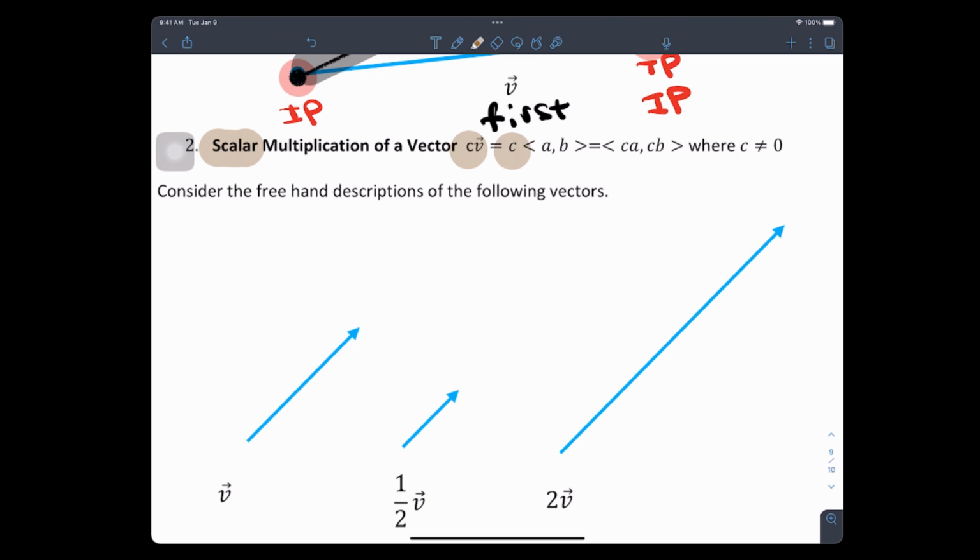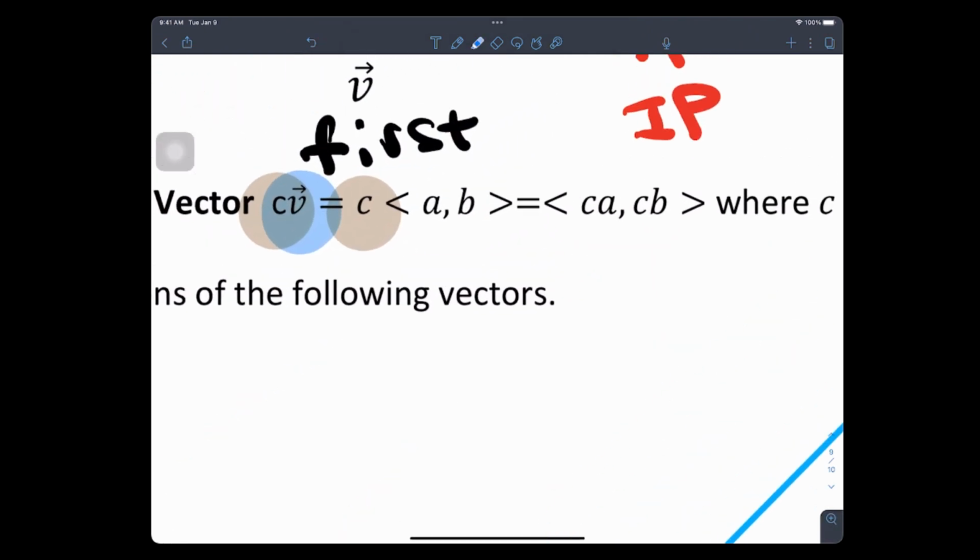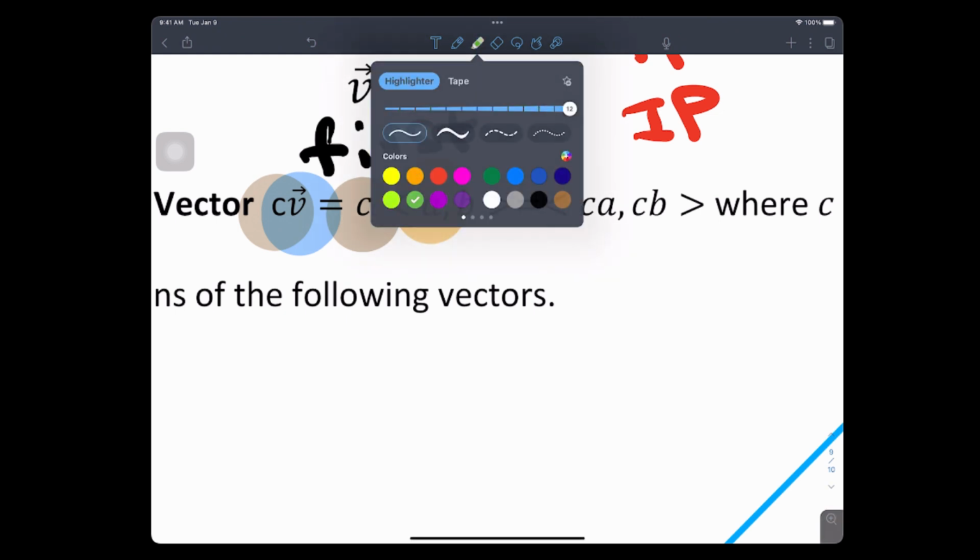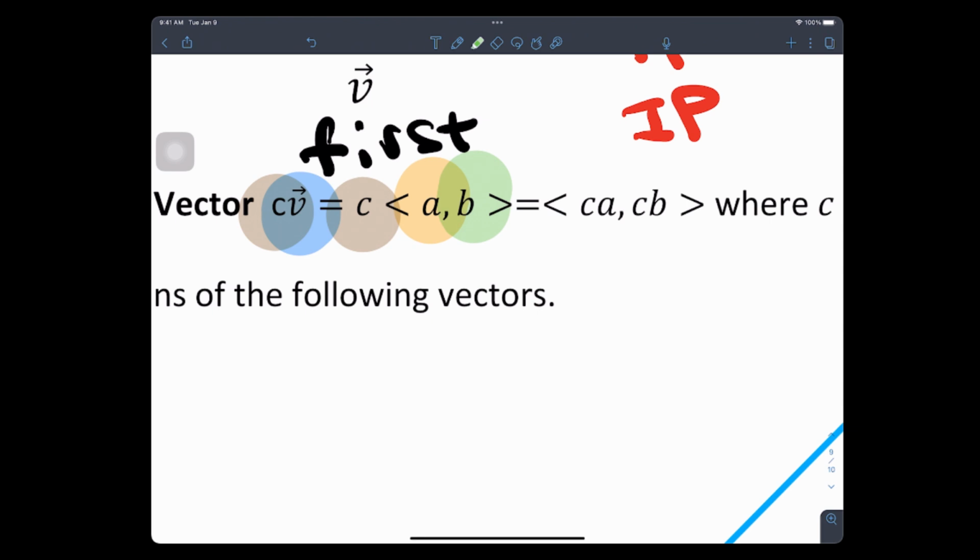Well, if I take C times some vector V here, right? A scalar multiplied to a vector. All you do is you distribute, ladies and gentlemen, that number C to both components. So you have the first component, that X component, orange, Y component, green. So you take that C to both.